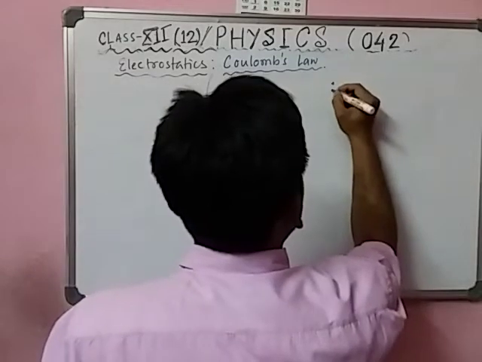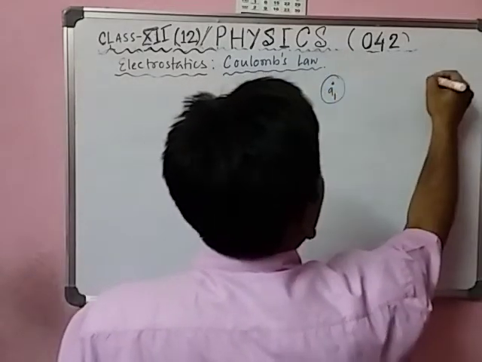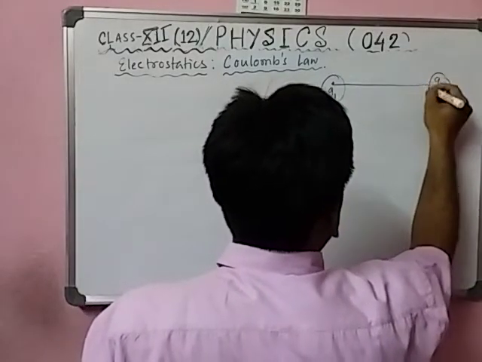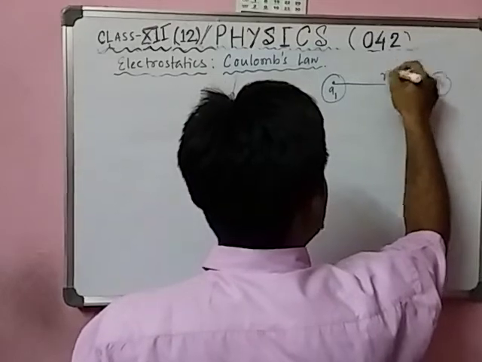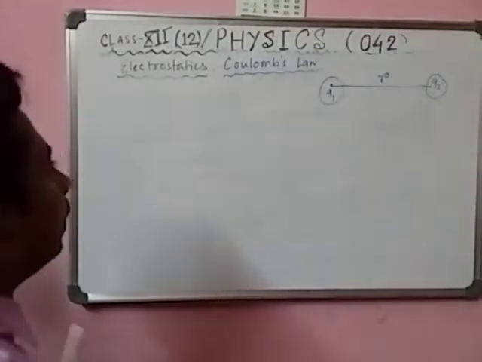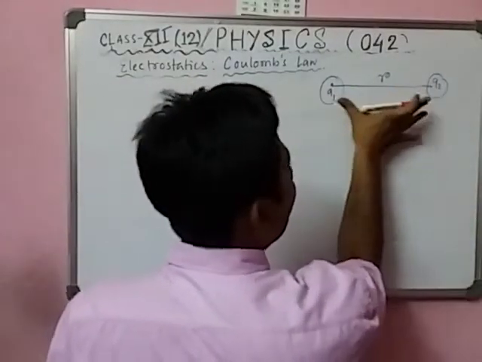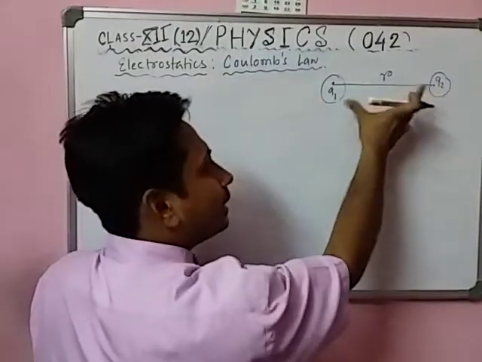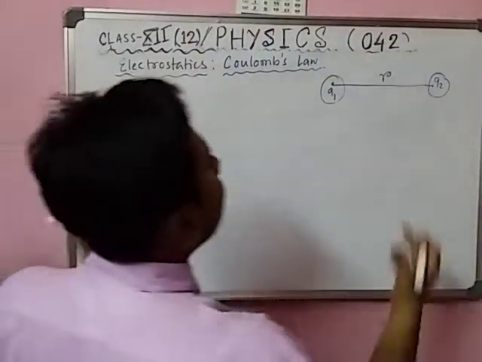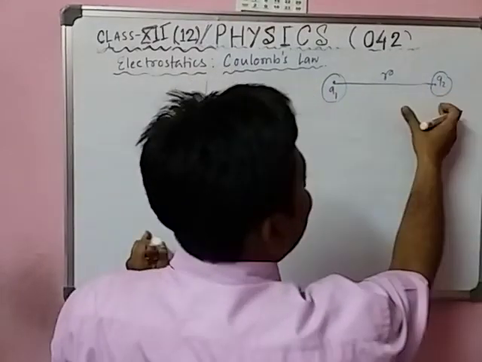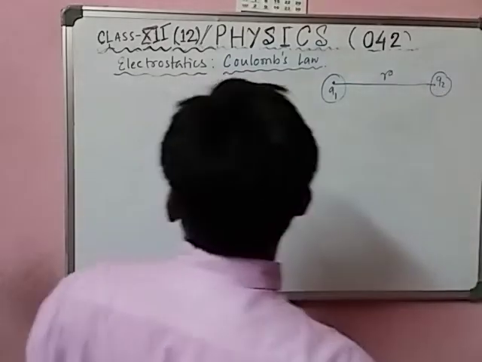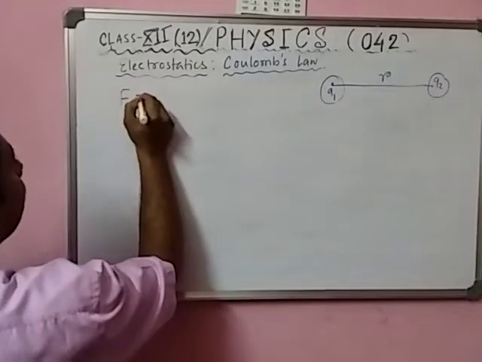Suppose there are two charges, Q1 and Q2, separated by a distance r. Then, by Coulomb's law, if there are two similar kinds of charge, repulsion will occur, and if there are opposite kinds of charge, then attraction will occur. So how much is the value of the force?